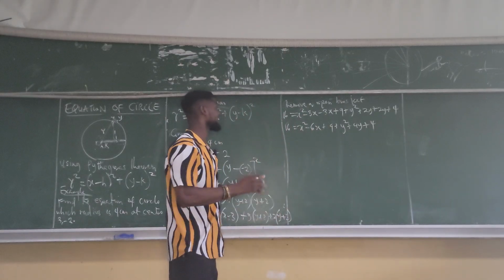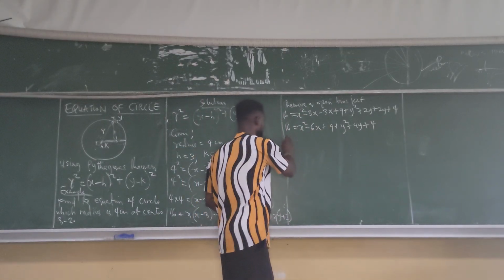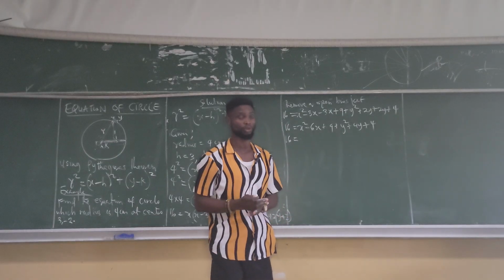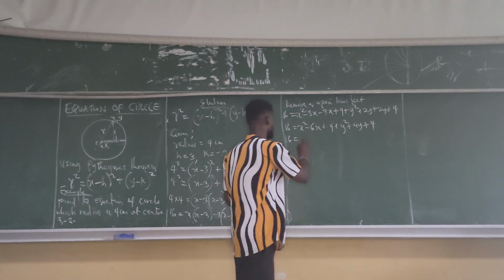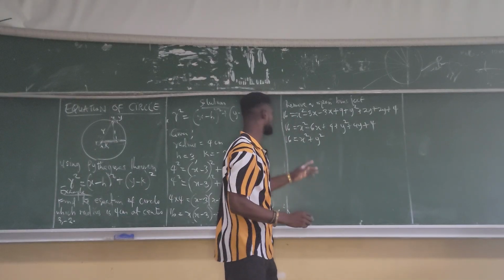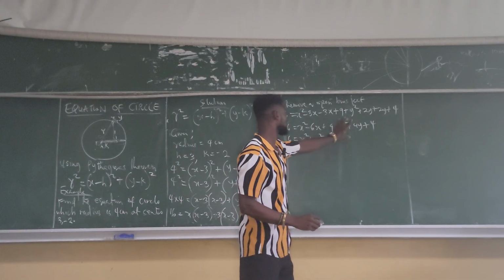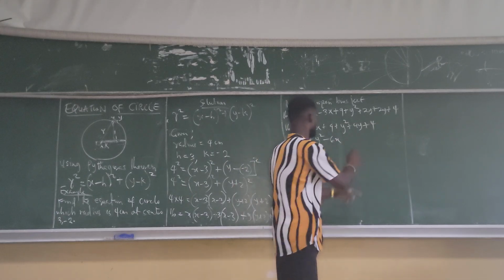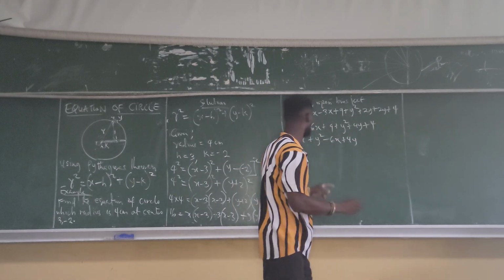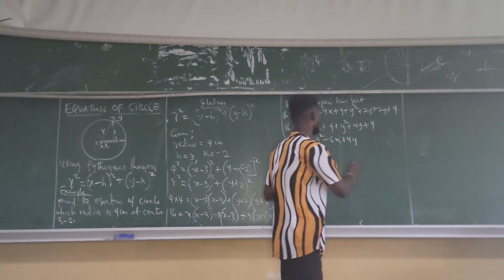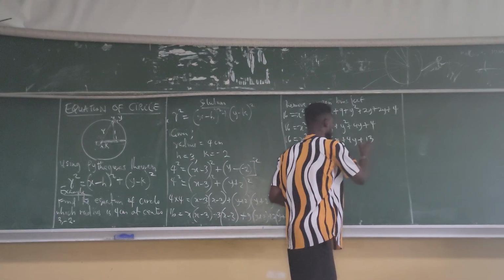Then you rewrite this equation as 16 equals x square plus y square minus 6x plus 4y. Alphabetically x comes before y, so you pick out x square, then y square. 9 plus 4 will give us 13. So we have 13.